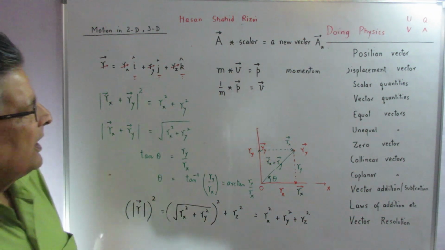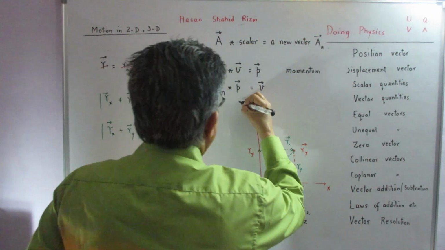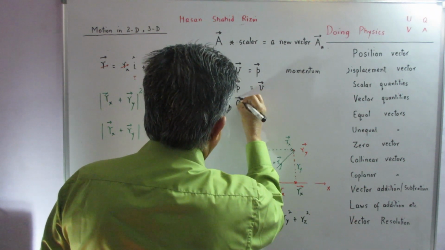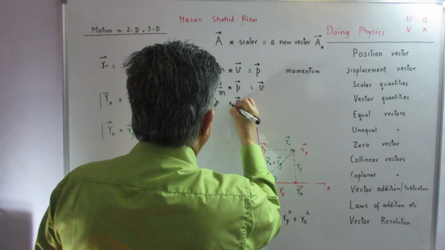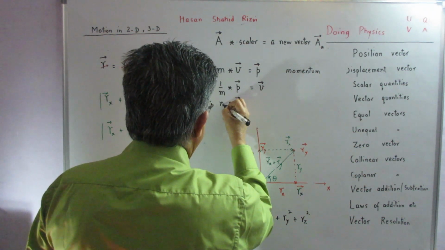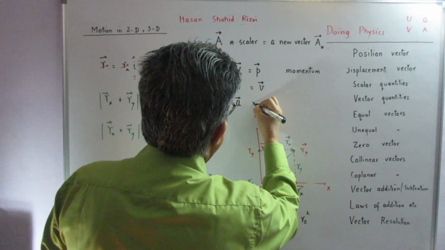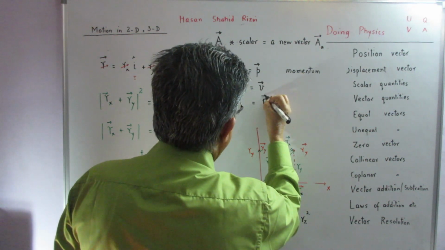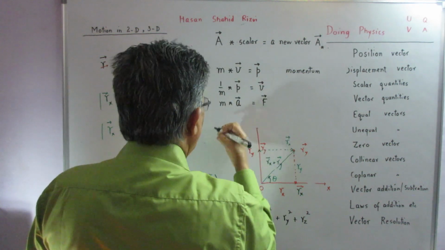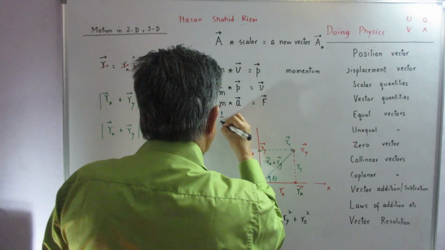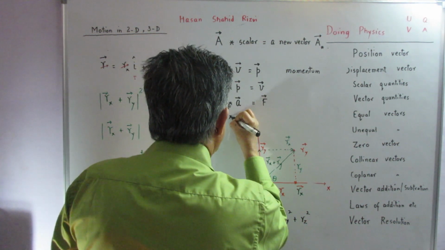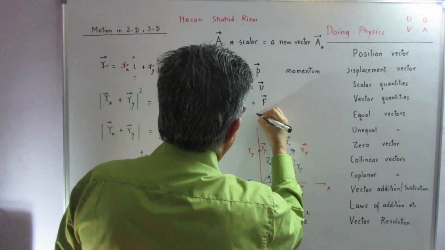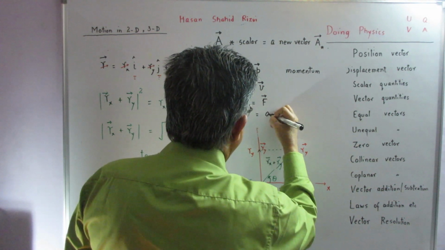So these are the vectors which are multiplied by a scalar. For example, if I take the acceleration vector, which I have defined before, and multiply it with the mass, then I obtain the force vector measured in newtons. Or if I multiply the force vector by 1 upon m, I'll get an acceleration vector.